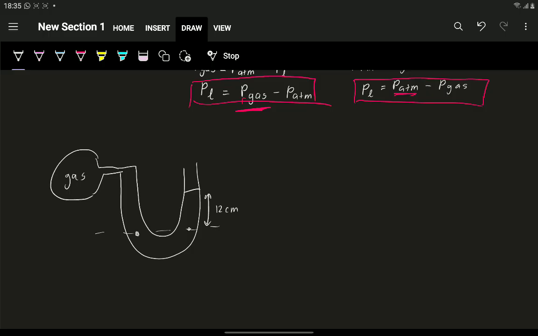So the gas pressure is here and the atmospheric pressure is here. In cmHg, it means 1 cm is 1 cmHg.